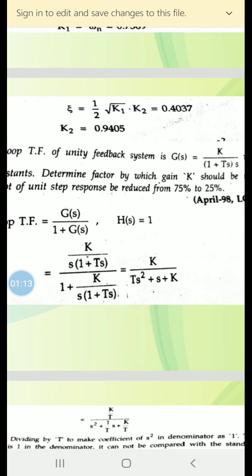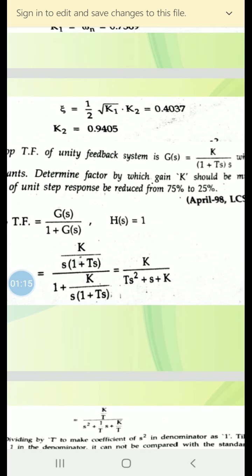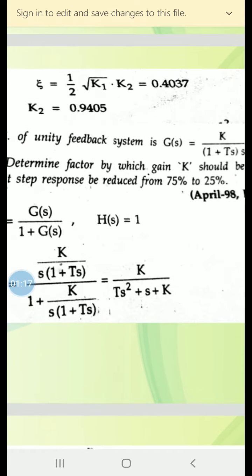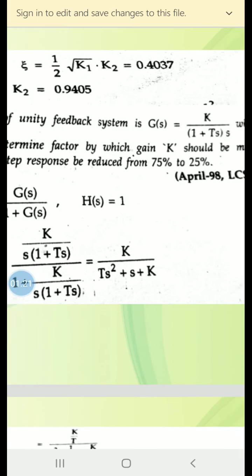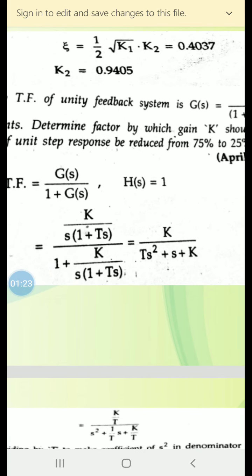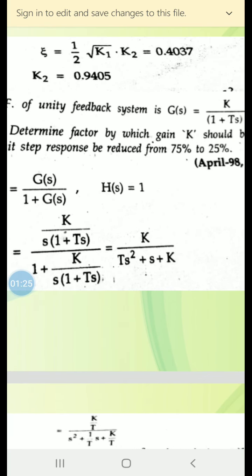Substituting G(s), which is K divided by s(1 + Ts), divided by 1 plus K divided by s(1 + Ts), which is equal to K divided by Ts square plus s plus K. Got it? Ts square plus s plus K.